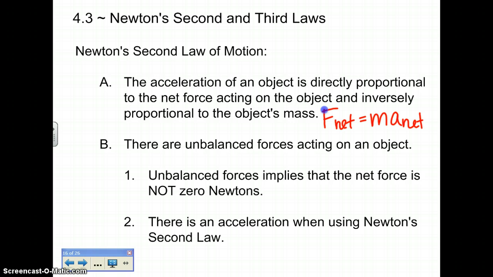Okay, if you have an unbalanced force, what would your vector arrows look like on your free body diagram? They would not be equal. They would still be opposite each other, but they would not be equal. One vector would be longer, i.e. shorter on the opposite side, than the other vector that you're assessing it against.